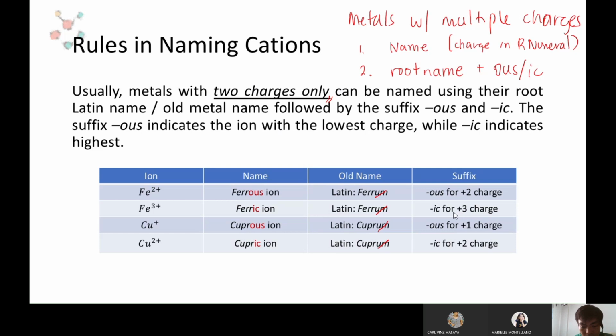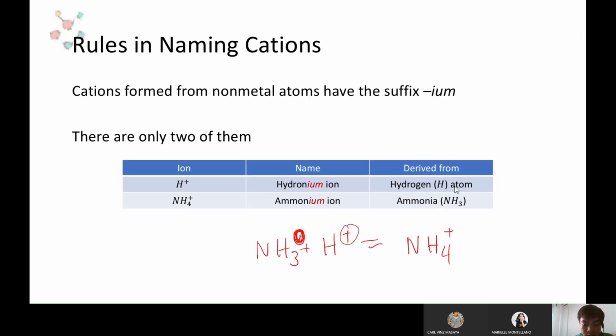And lastly, for the cations, if para silang non-metals, you just add the suffix -ium, no? And dalawa lang naman sila, hydronium and ammonium, no? So, yan. Kabisaduhin nyo na lang yung formula.